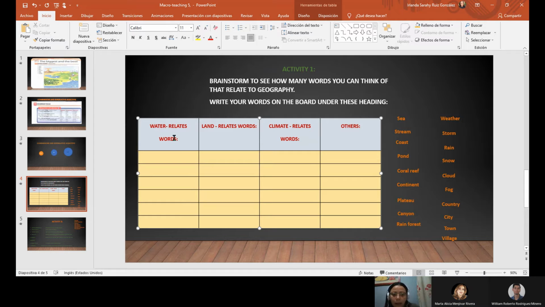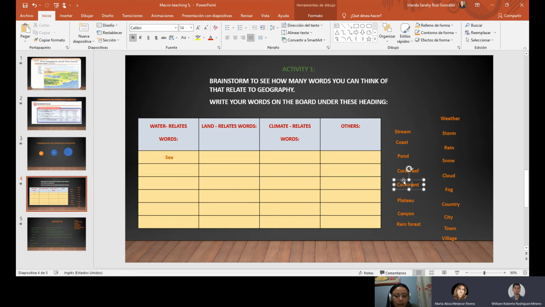The water related words, the land related words, the climate related words, and the other. For example, if I say sea, it's related to, Marta? It is related with water. Perfect, you're right. And if I say, for example, continent, William?